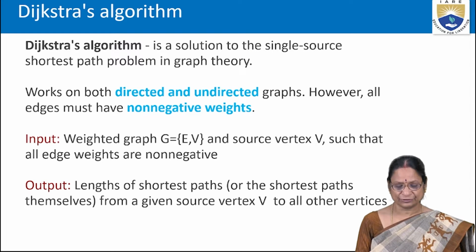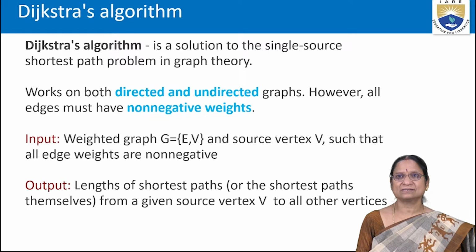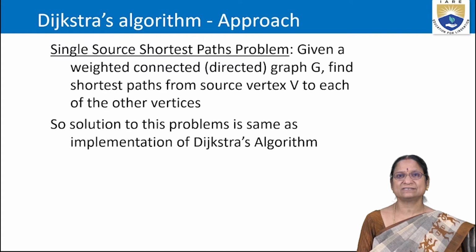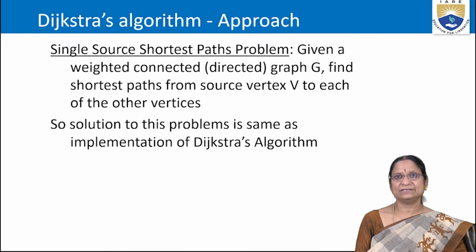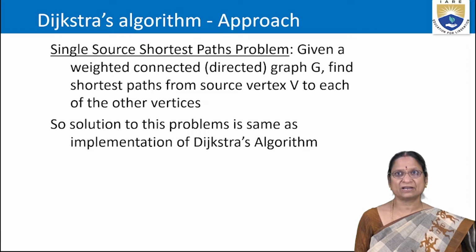The output is going to be the lengths of the shortest paths or shortest distances from the given source vertex to each other vertex. This is the shortest distance identifiable by this algorithm. So how does Dijkstra's algorithm work? The approach: given a weighted, connected, directed graph in general we will use, but it works for undirected also.